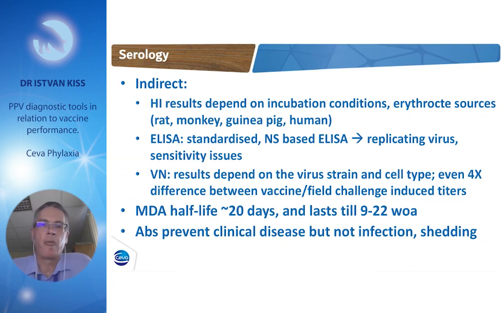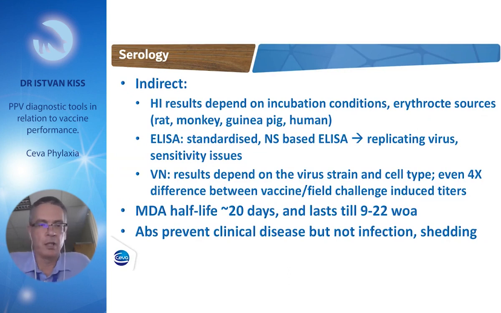For HI, HI is very sensitive to incubation conditions. It is a true factor, and VN as well, although there could be differences between vaccinated and field challenge-induced titers. But VN is very sensitive, as I mentioned before, not only to the protocol, but to the reagents used, like contaminated cells, for example.